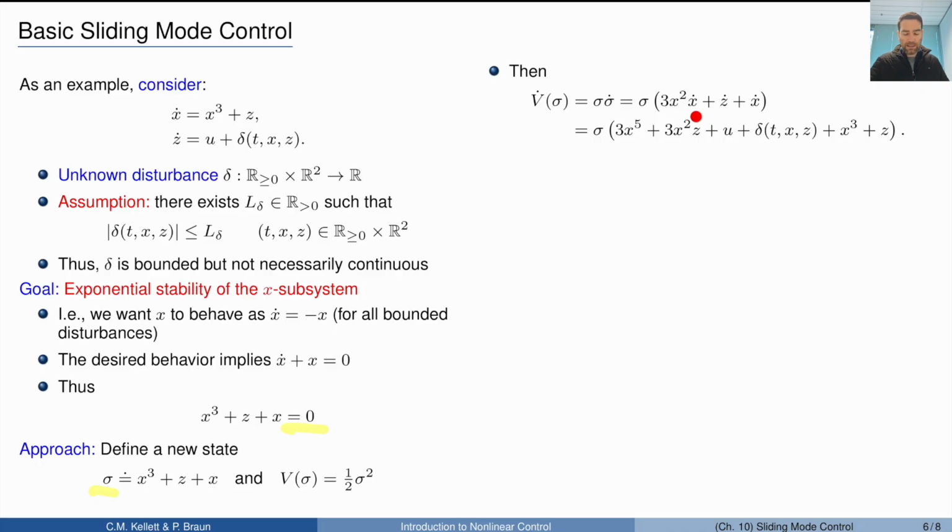We need to replace x dot and z dot, which we can do by using the information here of our dynamical system, and we end up with this long expression here for V dot.